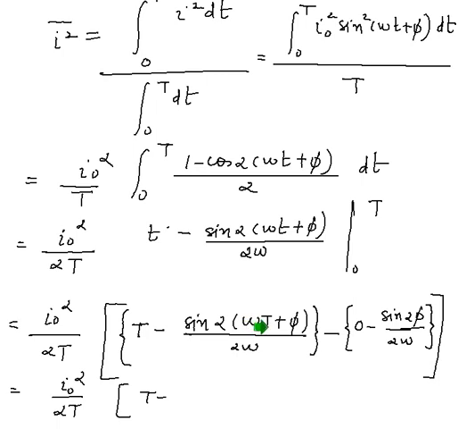now here omega T is 2 pi. Now this is good. These two vanish. And then capital T will also go. So after cancelling, let me write the final thing at the top.